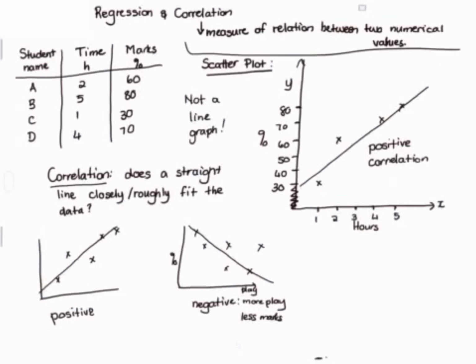That's a negative correlation. You can also get no correlation. In other words, you do a study and you find, well, actually these things don't have any relationship to each other. Then they would just not at all make any kind of line possible. They would just be scattered all over.